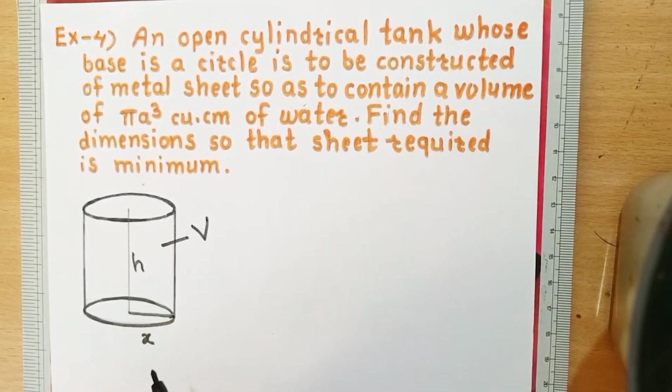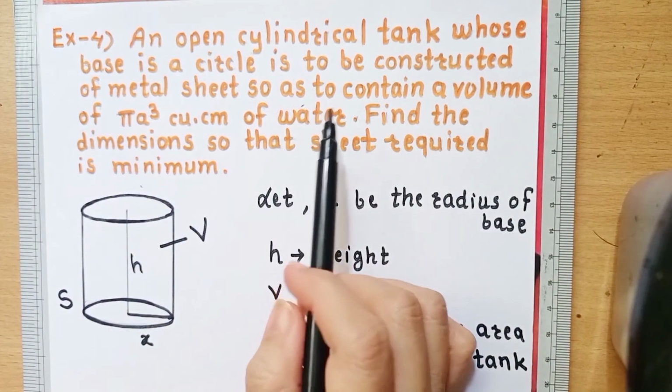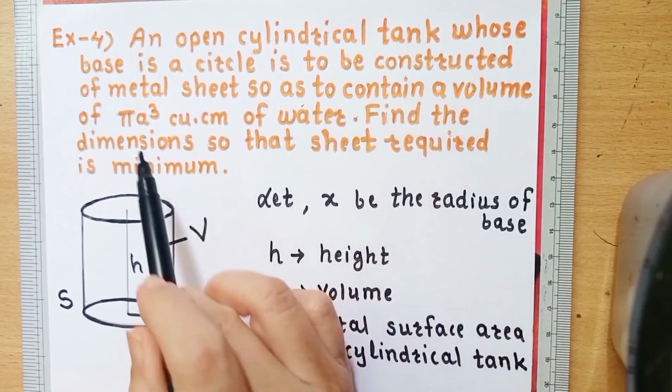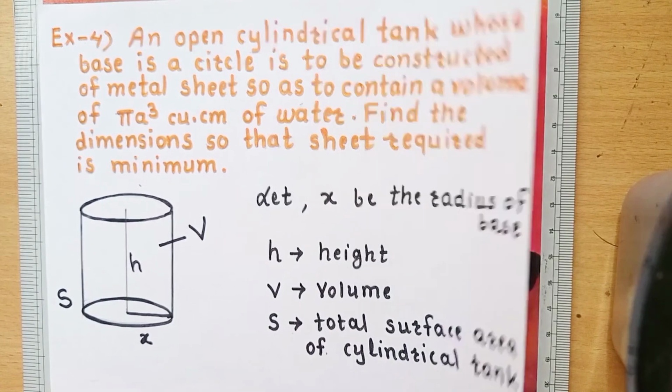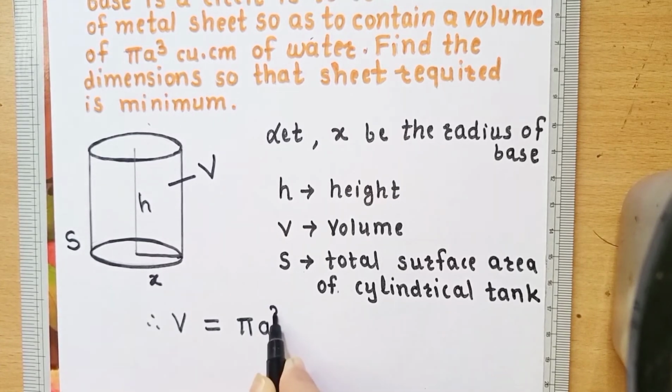So we will assume volume as V and S as the surface area of the cylindrical tank. Now read the question again. It is to be constructed of metal sheet so as to contain a volume of pi a cube cubic centimeter. So here it is given that this volume is equal to pi a cube.